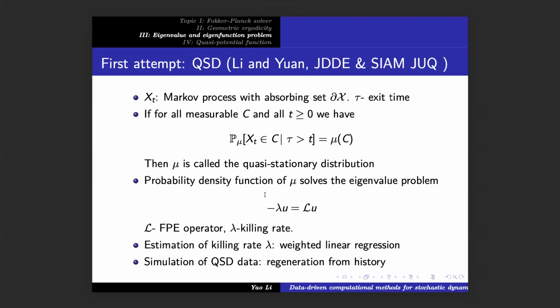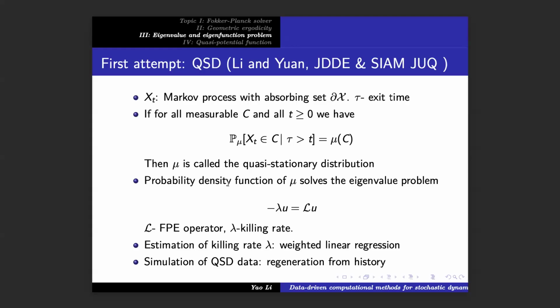Okay. Then the next topic is about the eigenvalue and eigenfunction. If you study things like neural oscillators, coupled neural oscillators, then that probably is more relevant to you. Let's first talk about mathematics.